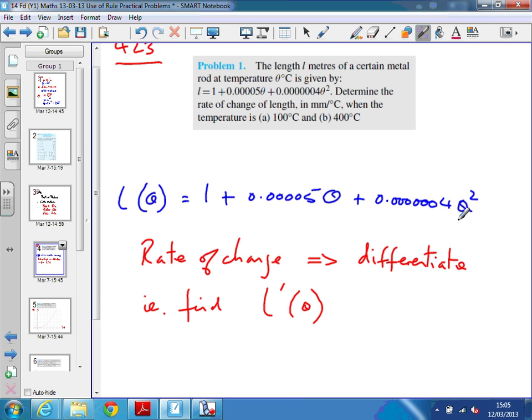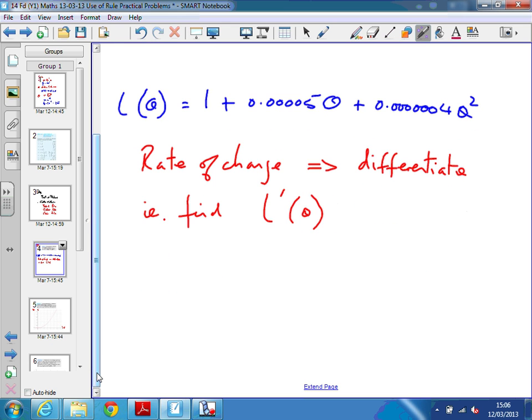So how can we rewrite this function, converting to millimetres? What have I got to do? Yes, that's right. So I've got to multiply by 1,000 effectively, haven't I?